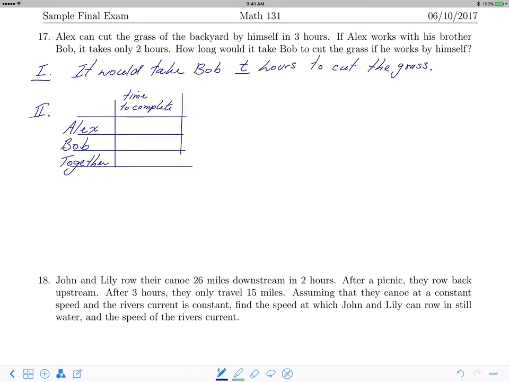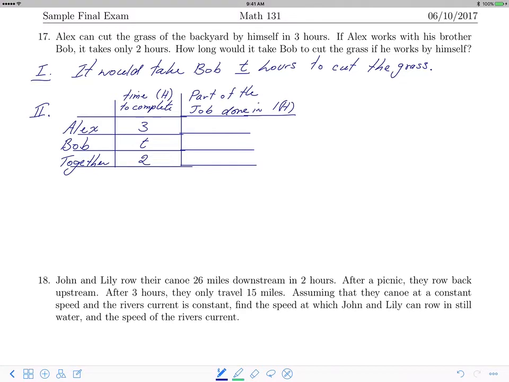The time for Alex, if he worked by himself, is 3 hours. Bob, T hours, and together 2 hours. In the next column, we're going to write down part of the job done in 1 hour.